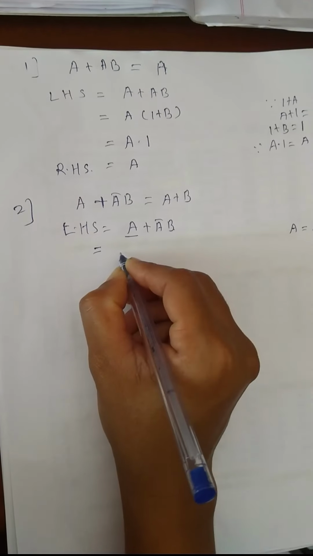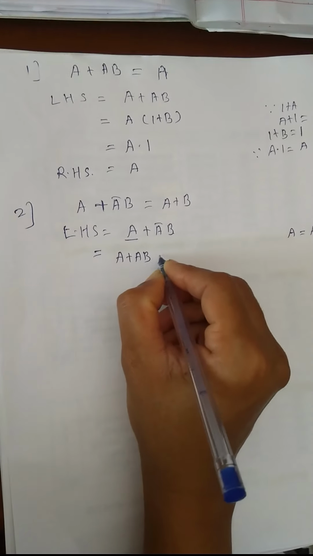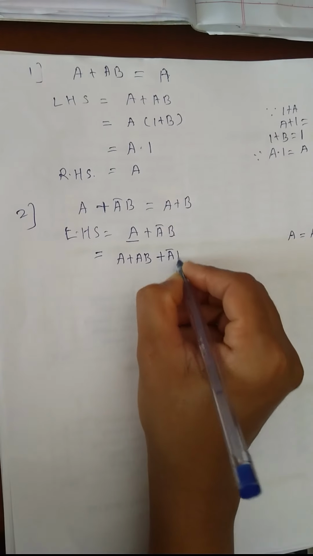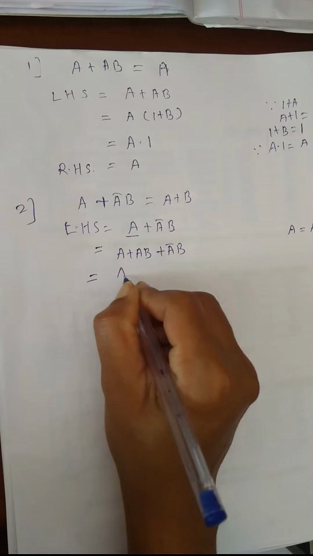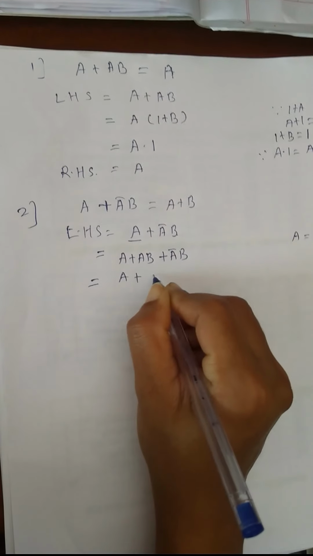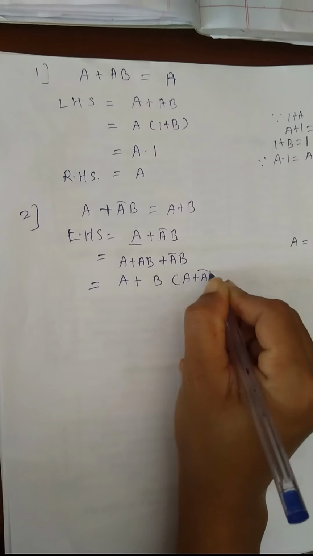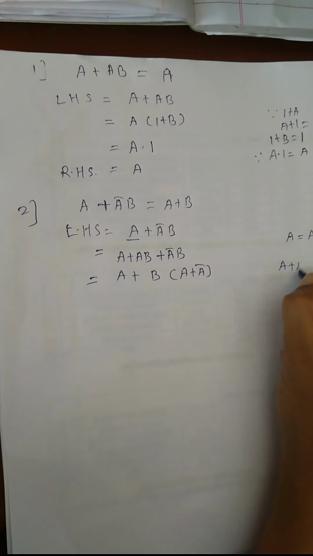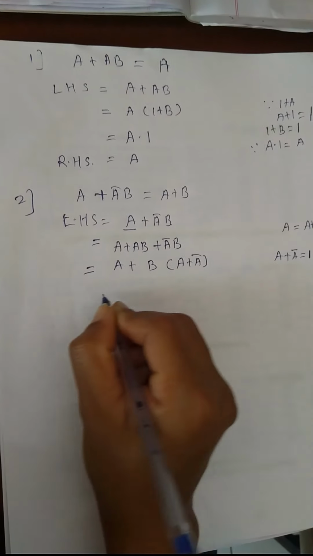So in this expression A is represented as A plus AB, and A bar plus B. So in this term, taking B as common, we get A plus A bar. A plus A bar is the OR law, A plus A bar is equal to 1.